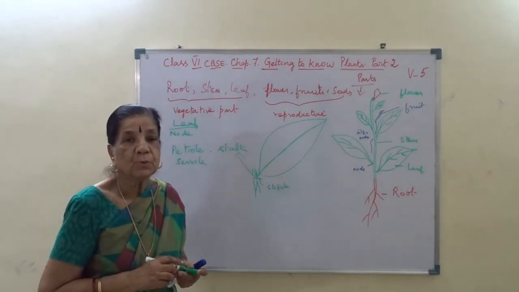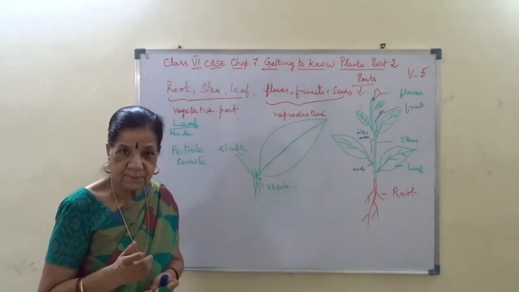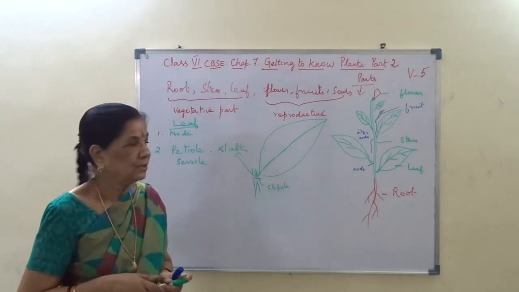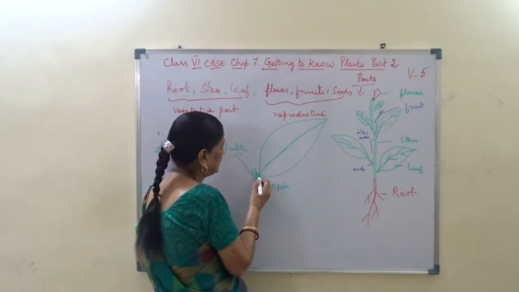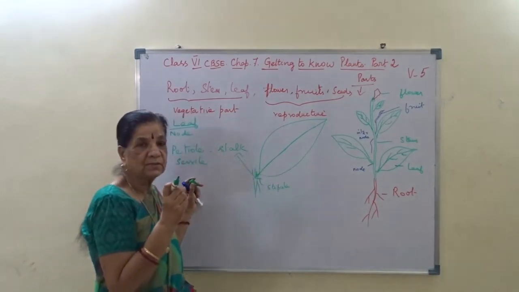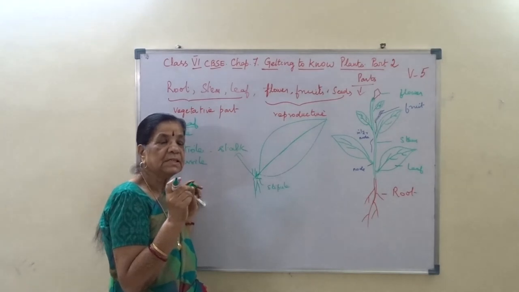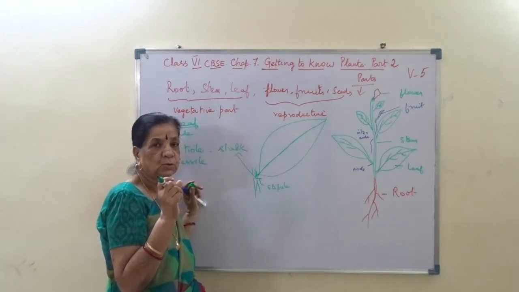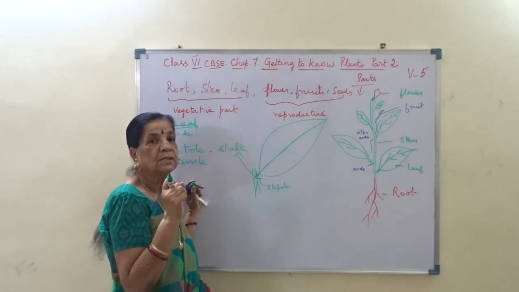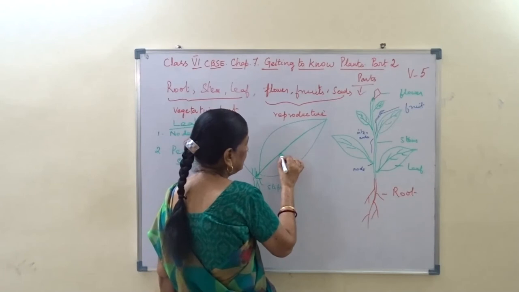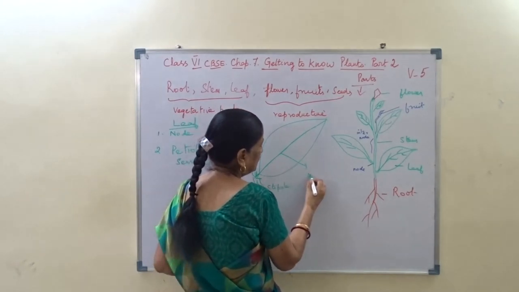It is protecting. When the bud is forming, the stipules protect the bud. So the stalk of the leaf is called petiole. At the axil of the leaf arises a pair of small green leaf-like outgrowths that are called stipules.